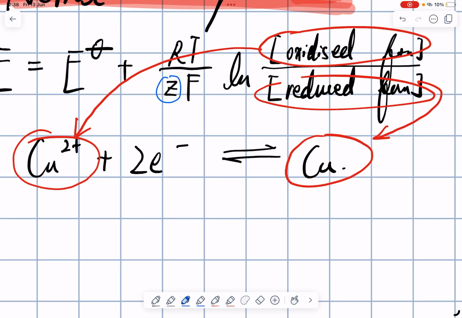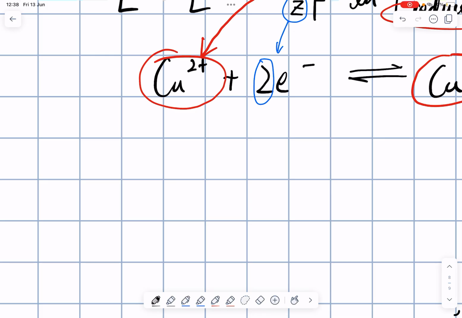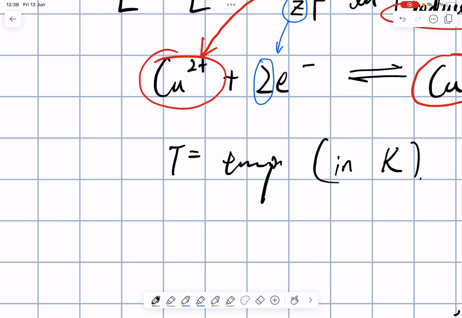And what's Z? Z is the number of electrons transferred. In this case, it's 2. And of course, T is temperature in kelvins, absolute temperature.